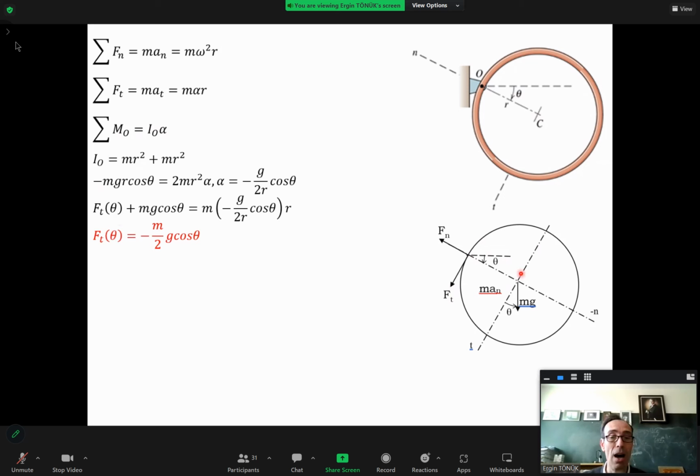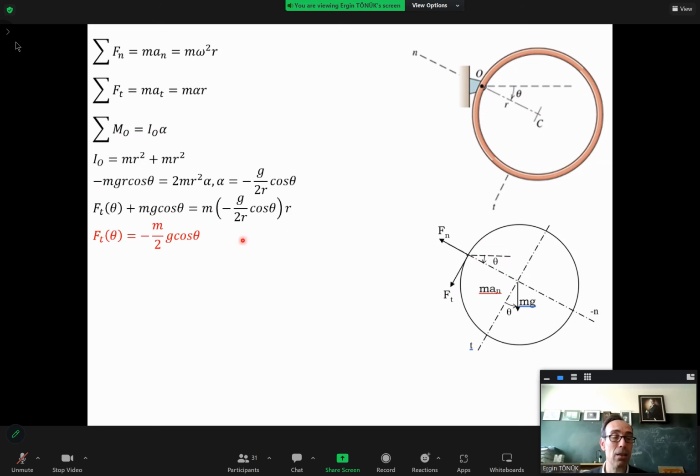And then I have the t component of this plus m g cosine theta, that's all. These are the two t forces, equal to m times alpha r. So actually, I have an expression for alpha, which I'm going to substitute here, times r. So this is one expression.